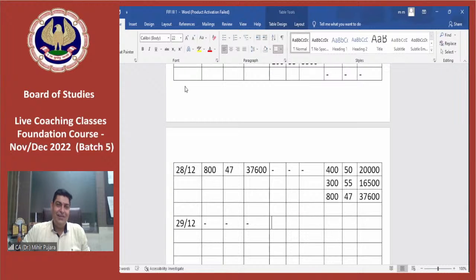Asha, how will it be the same? Quantity will be the same, but rate will differ. Yes, guys. So 500 will be from this 47, from the last lot, right?